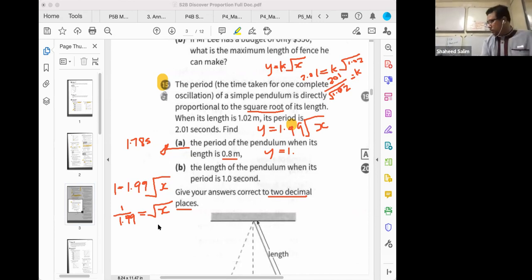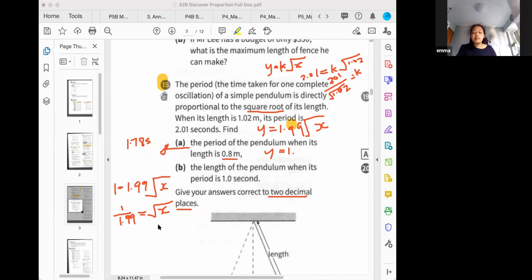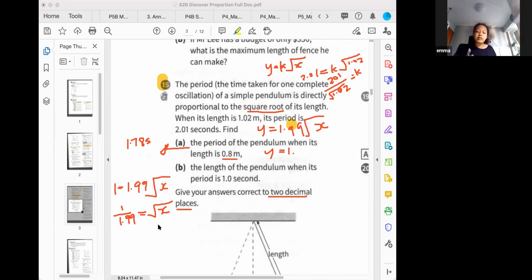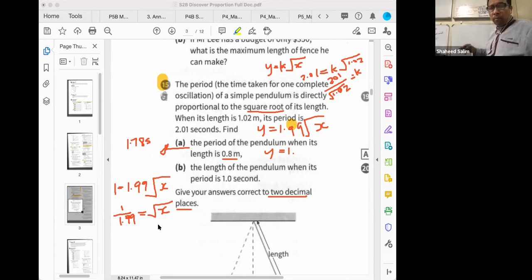Okay, I explain on the board. Can you see the board clearly? Or do I need to erase something? No, you can see. Okay, we go one by one. You can see the board clearly, right?